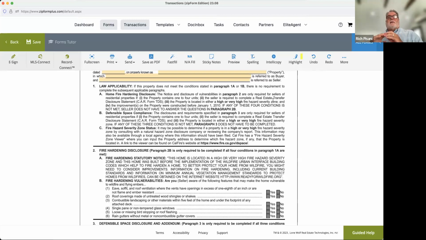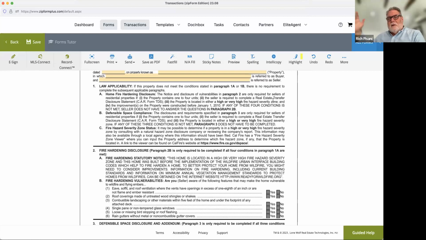So then you really don't have to guess, because you should be ordering your NHD report when you go on your listing appointment, or as soon as you start showings. The seller doesn't pay for it until it closes escrow. So there's no harm, no foul.